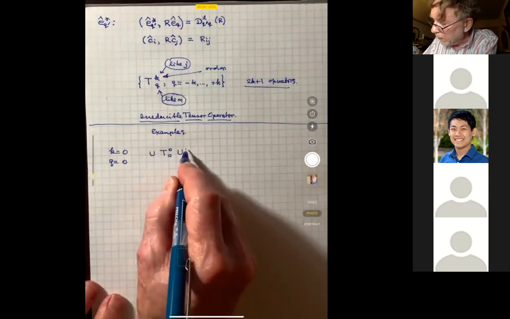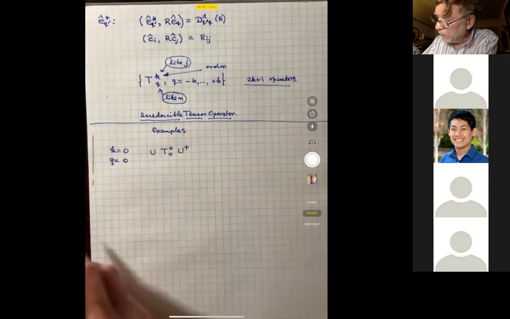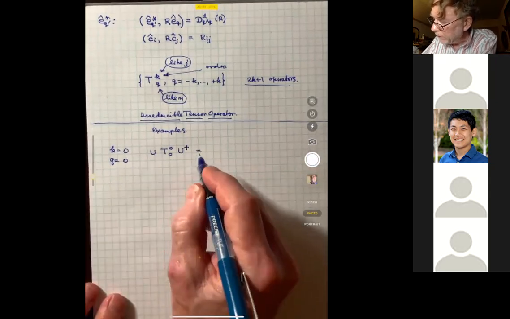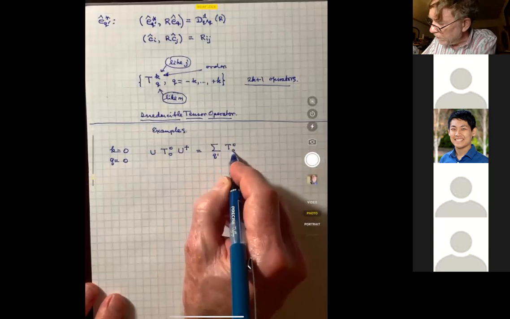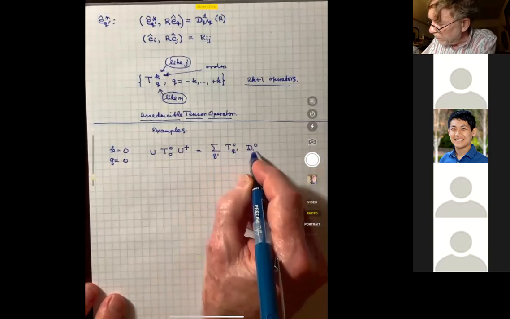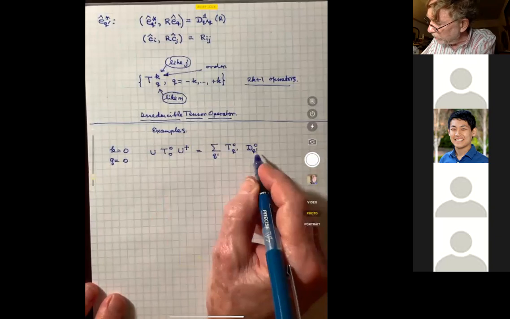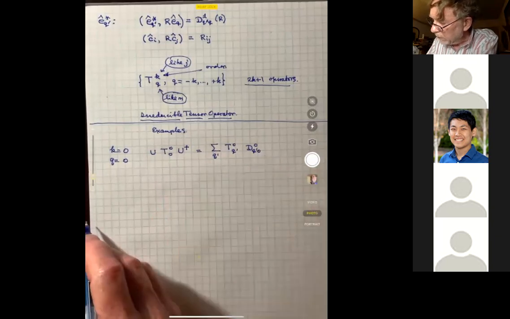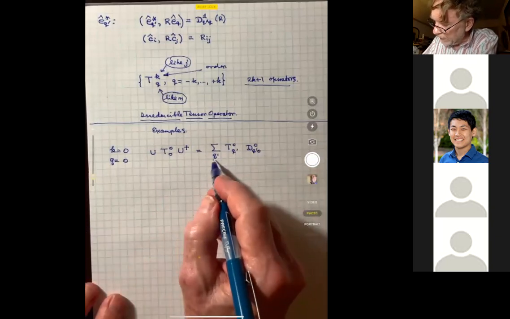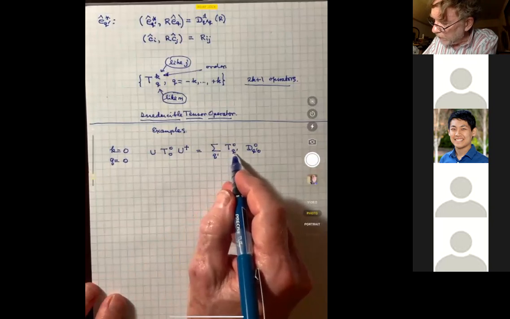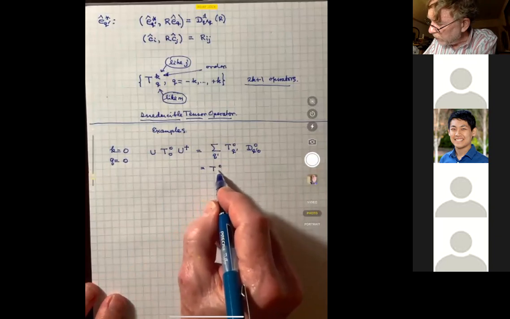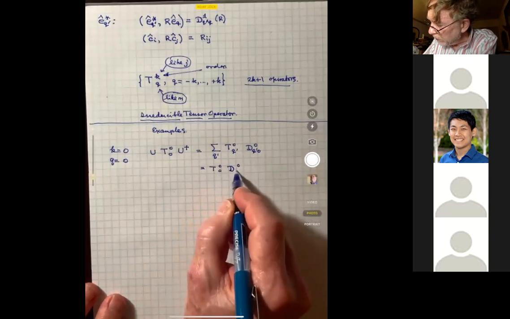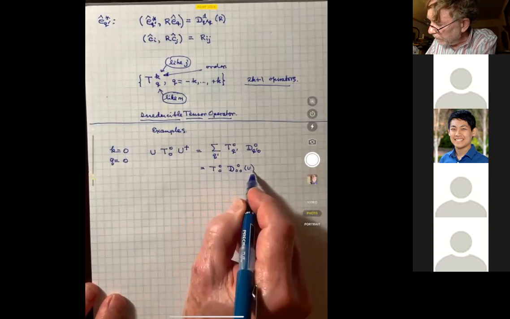And if I conjugate it by rotations, it gives us the rotated operator. This is going to be equal to a sum on Q prime of T_0,Q prime times D_0,Q prime. The Q prime index can only take on the one value 0. If K is equal to 0, Q prime is equal to 0. So this has only one term. It's T_0,0 times D_0,0 of the rotation U.